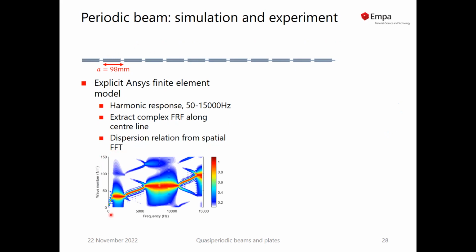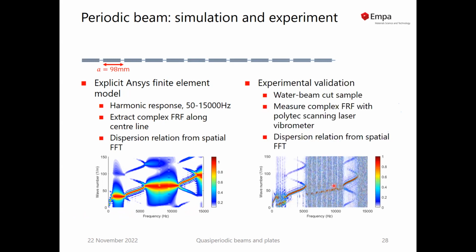So for the periodic case, we get exactly the same dispersion relationship as what I've shown before. So we have a guided wave, then a large band gap, another guided wave in the second Brillouin zone, etc. We can measure up to 15 kilohertz, more or less, to get the idea. This is the experimental result. So we see a really good agreement between the numerical and the experimental part.